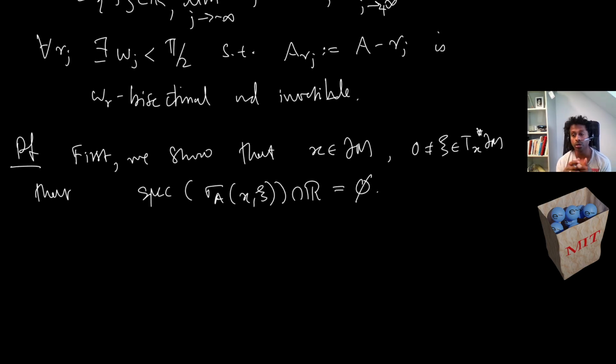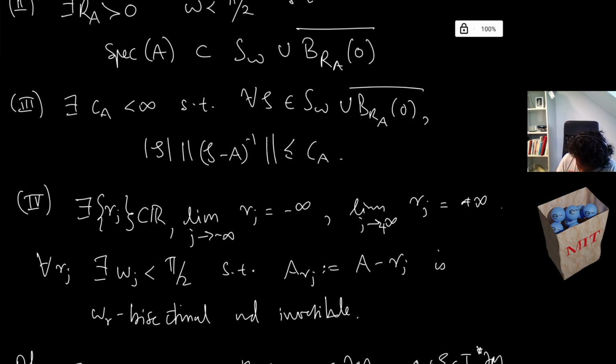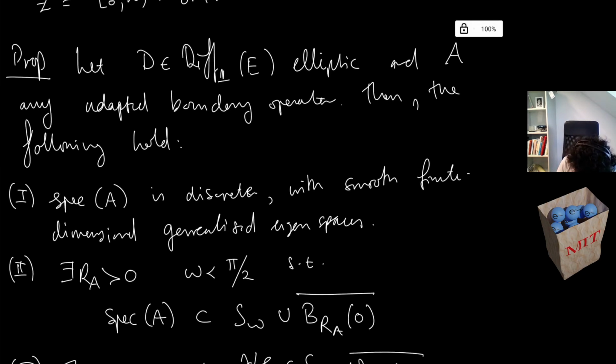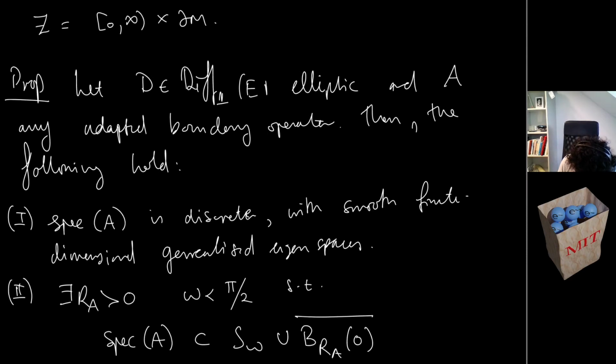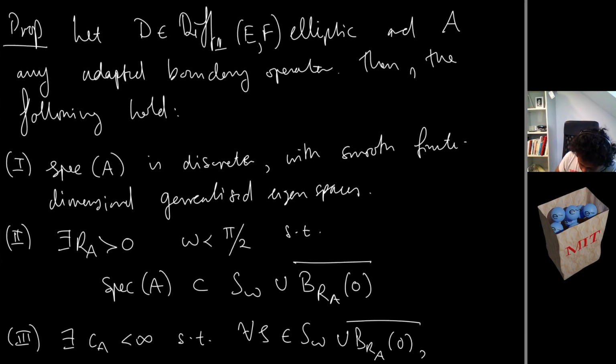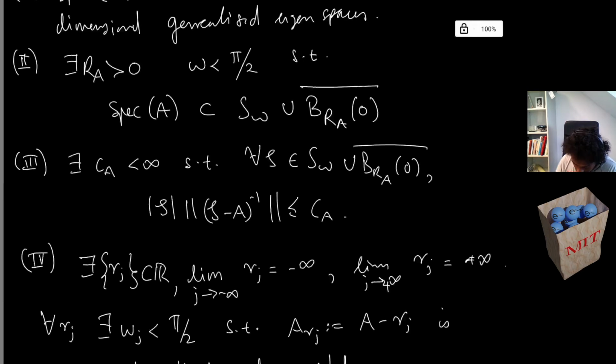Okay, so remember that even though the operator D might map between bundles, so I should say this is really a map that maps from E to F, we're not assuming that D is an operator that maps from E to itself.